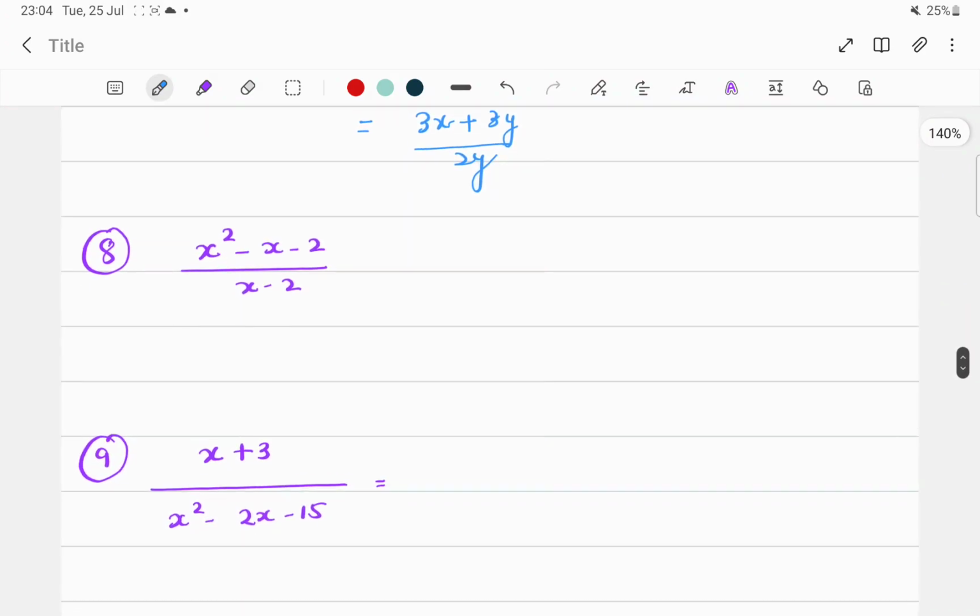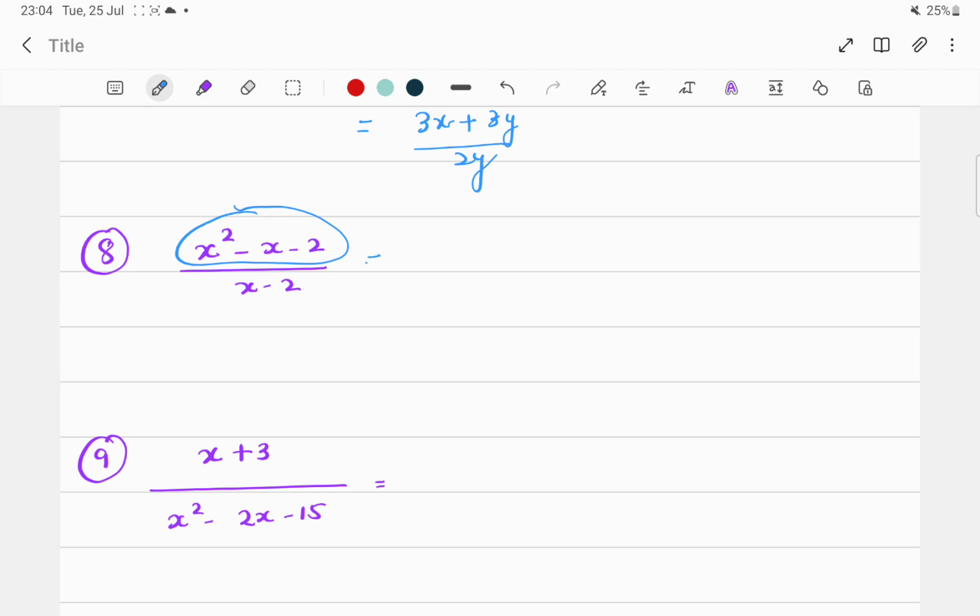Now there are two more questions here. Again factorization is required here. So if you have done factorization, then it will be very easy. Here we have x squared minus x minus 2. Better when you see the questions that you need to factorize, first you write the numerator and denominator separately, simplify them and then solve it.